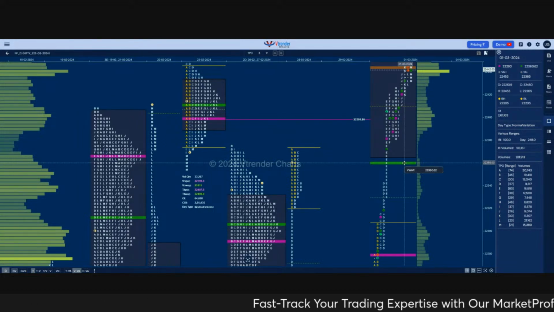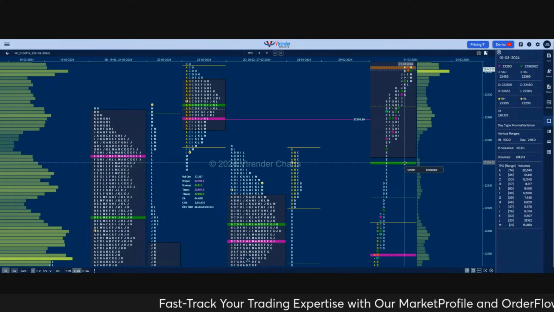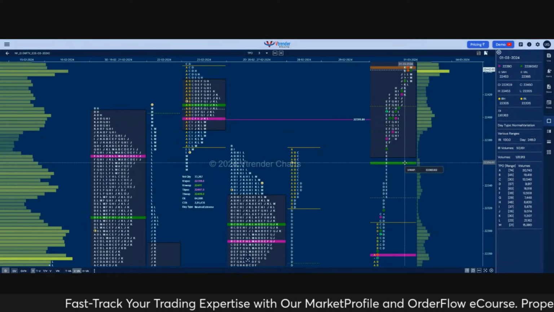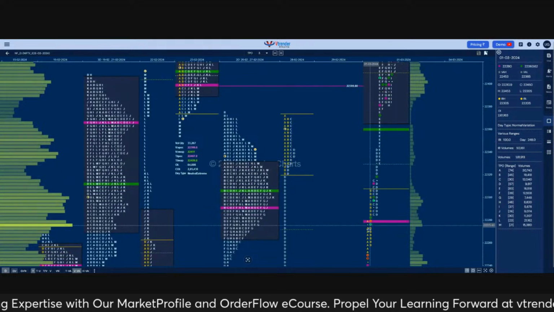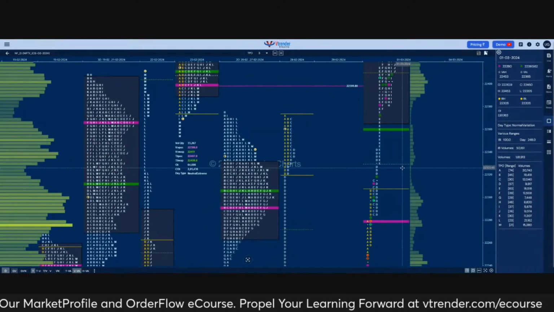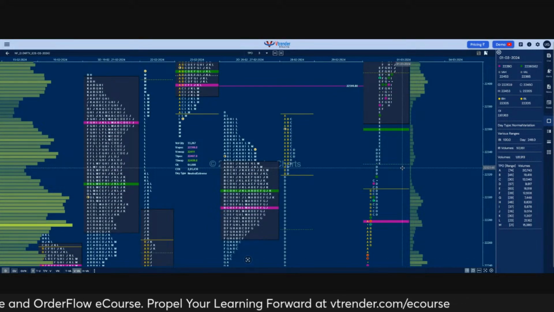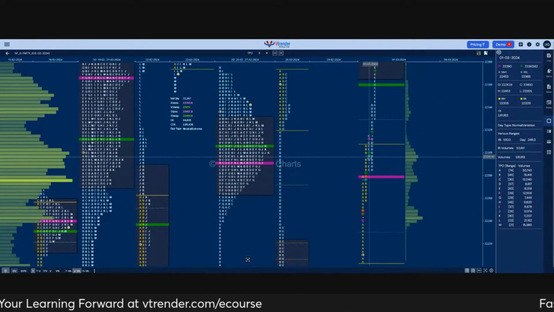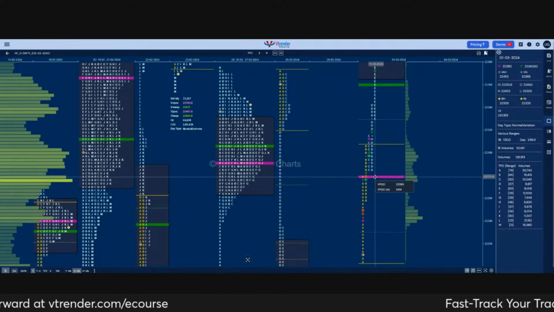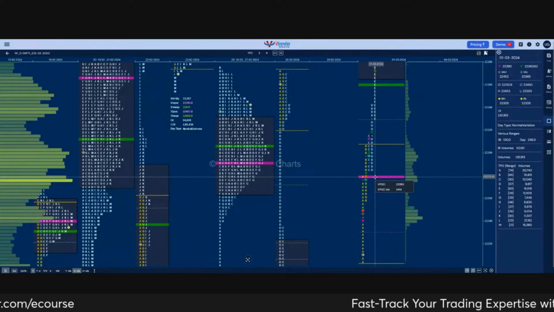So on the pullback here, we have to find buyers coming back. If they don't, then that means that the buyers have failed, or the buyers who had created this trend day are no longer in the auction. So this would be our reference going forward next week. And this POC, as you see, is still at the bottom.